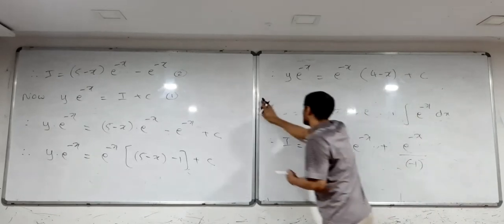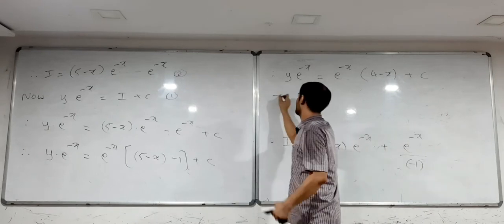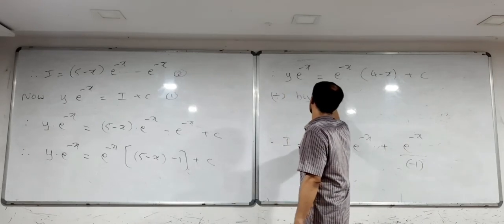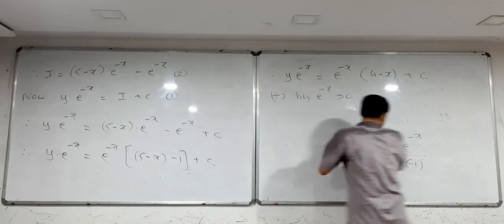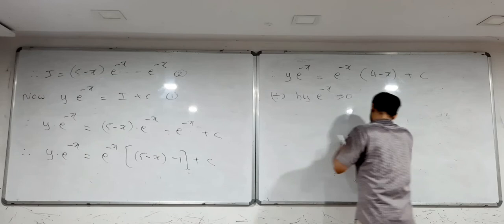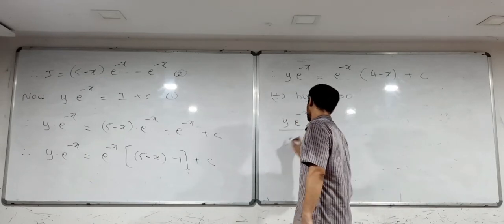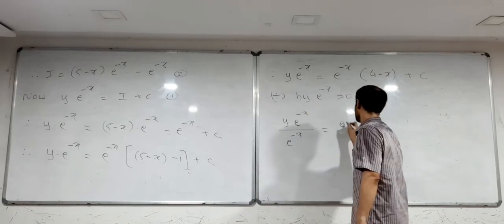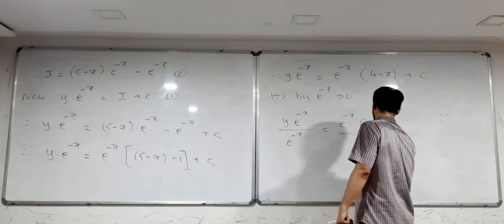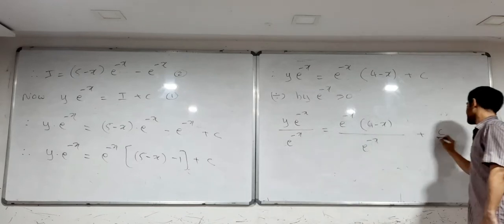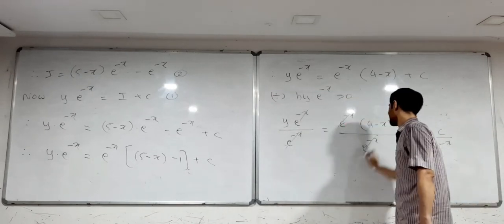Now e raised to minus x को आप लिखो, divide throughout by e raised to minus x, just like the previous question. Exponential functions are positive, so divide by e raised to minus x, it is positive, so just write not equal to 0. तो कितना आएगा, y into e raised to minus x upon e raised to minus x is e raised to minus x into 4 minus x upon e raised to minus x plus c upon e raised to minus x. e raised to minus x get cancelled.